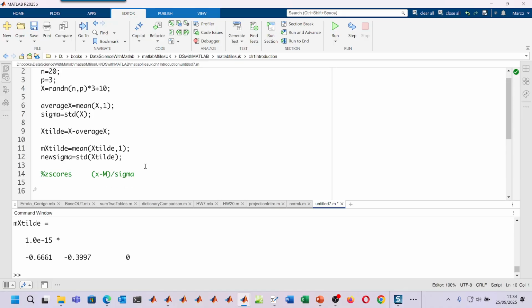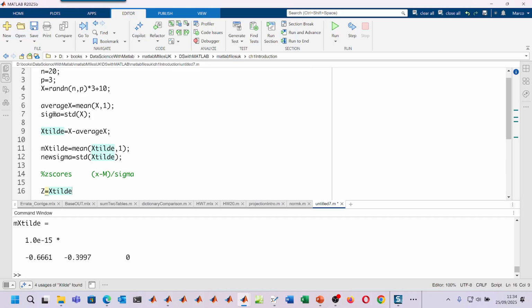So, let us see how to compute this matrix Z. Z is equal to x tilde. Now, the first column has to be divided by the standard deviation of the first column. The second column has to be divided by the standard deviation of the second column, and so on and so forth.